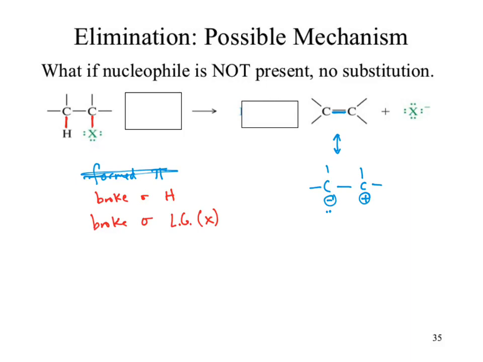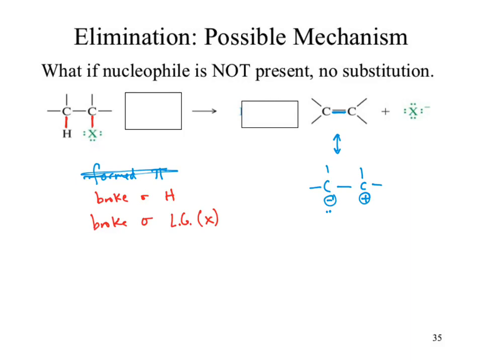It is an acid. I'm trying to make that starting material act as an acid. So what could I add to help it act as an acid? I could add a base. So instead of adding a nucleophile, I could add a base. That base is going to help to remove that bond, allowing the formation of the pi bond.